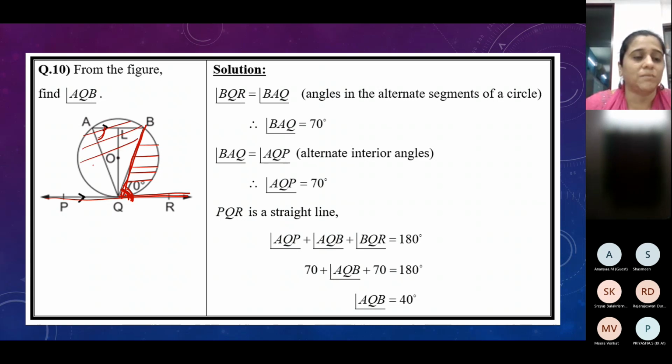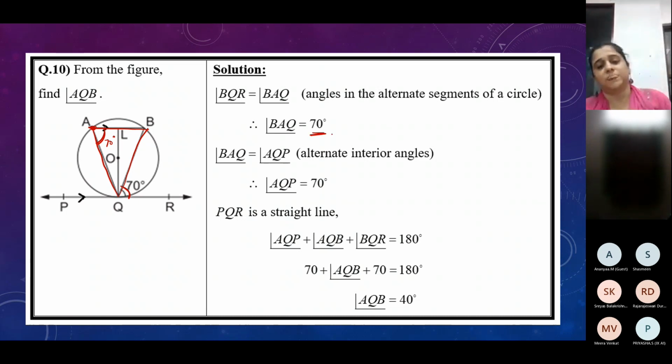This is the major segment. Join the ends of the chord to point A: join B to A, join Q to A. So this angle is equal to this angle, also 70 degrees. That's what I've written here.